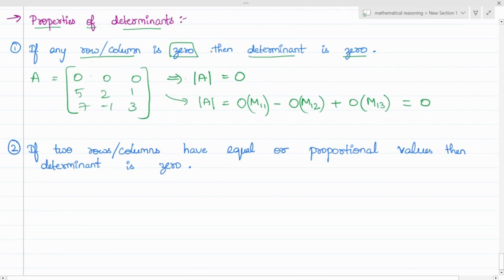Coming to the second property, which says if two rows or columns have equal or proportional values, then its determinant is 0.